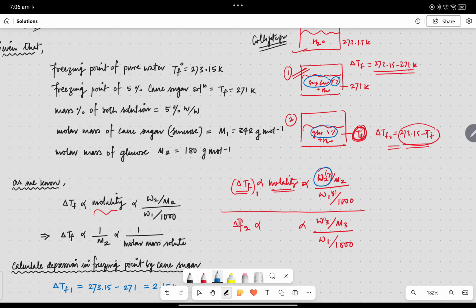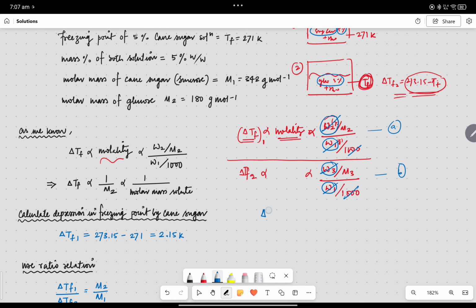So weight 2 and weight 3 are going to be the same, and weight 1 for the solvent hasn't changed, and this 1000 hasn't changed. So what will happen when you divide equation a by b? Weight 2 and weight 2 will cancel out, weight 1 and weight 1 will cancel out, and 1000 and 1000 will cancel out.